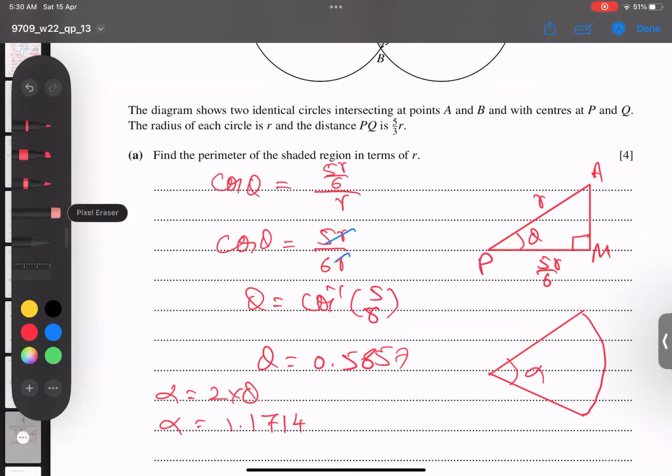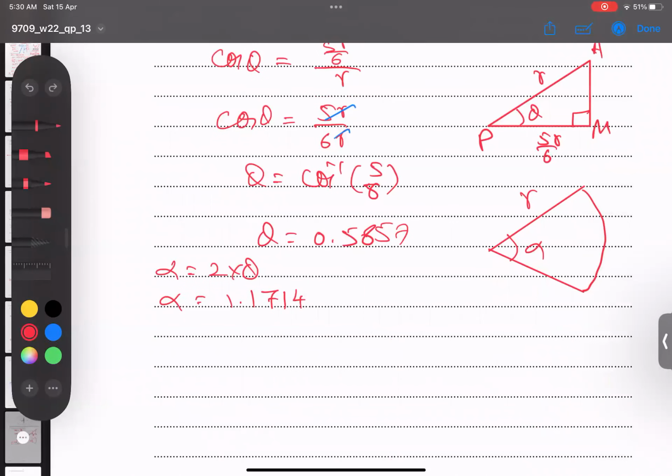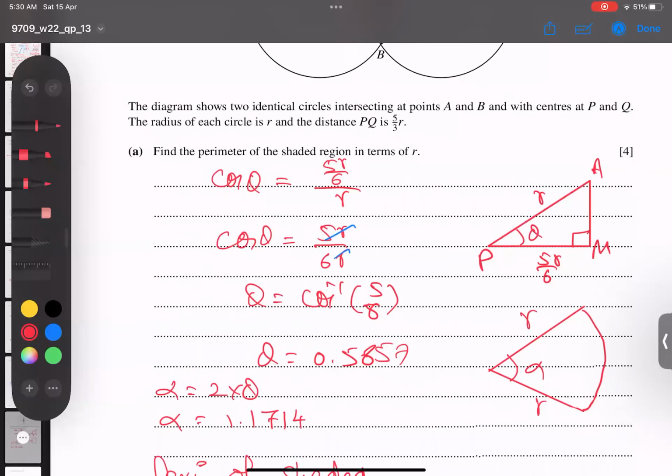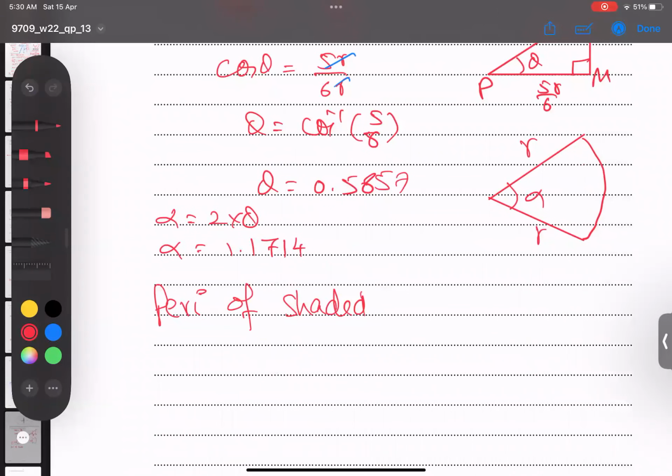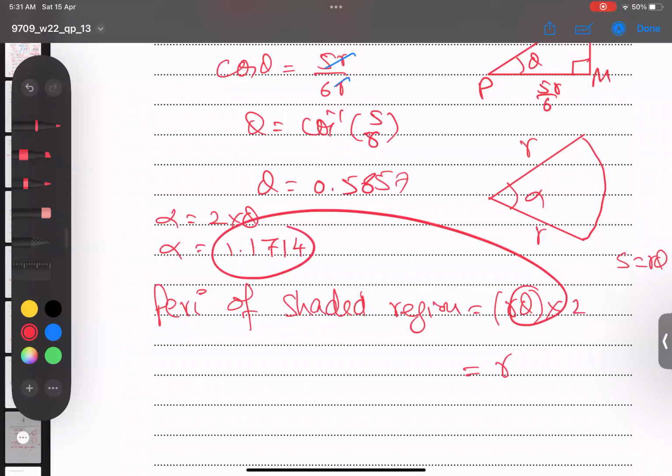And the radius is R. What is the arc length formula, students? What is the perimeter of the shaded part, or region, same thing. So S equals R theta, and multiplying by 2 is a very clear approach. R is R, but theta is this.